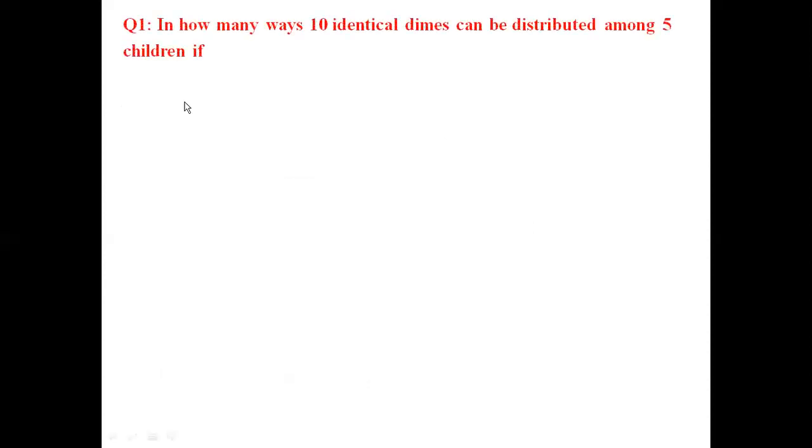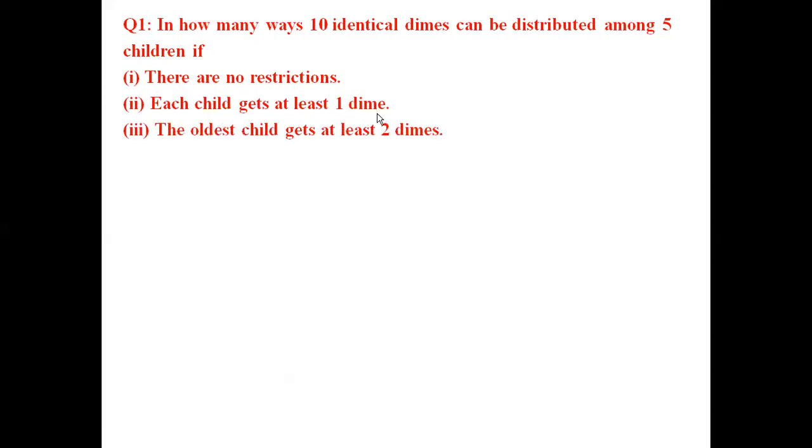Firstly, in how many ways can 10 identical dimes be distributed among 5 children if there are no restrictions? Second, each child gets at least 1 dime. And thirdly, the oldest child gets at least 2 dimes.